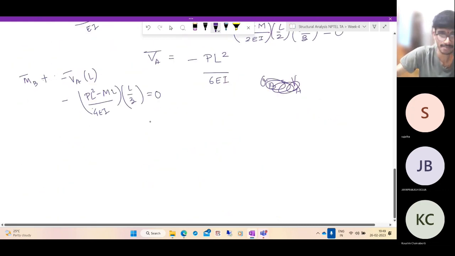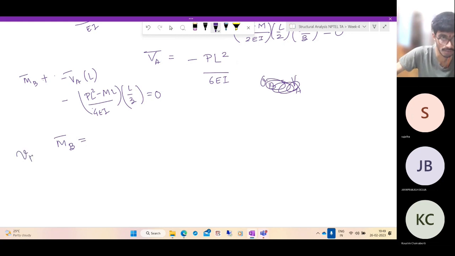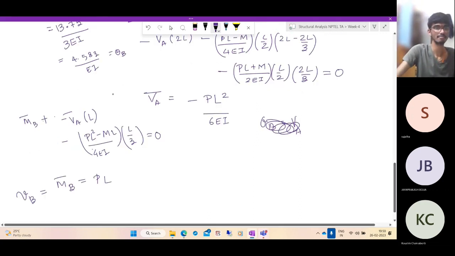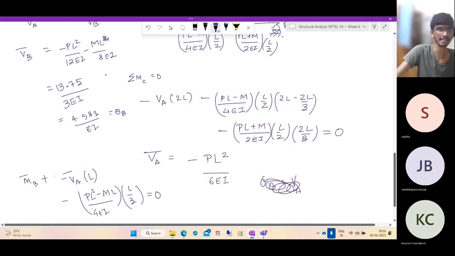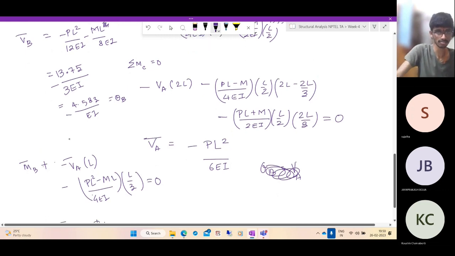If you solve this for MB bar, which is nothing but the deflection, you will get that is equal to, so here you have a minus, right? Here you have a minus, and this is also minus.